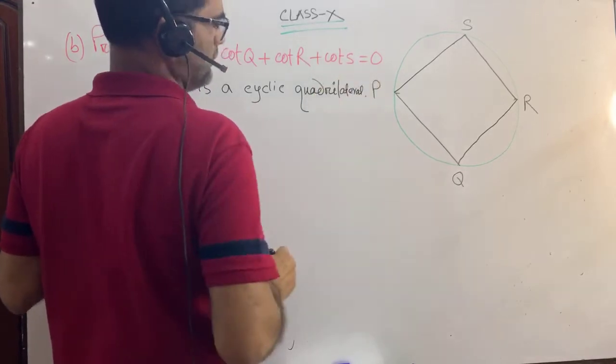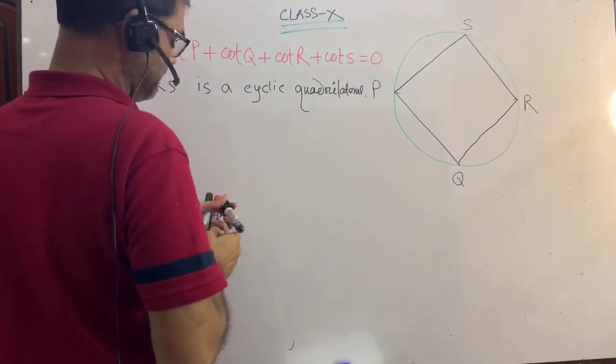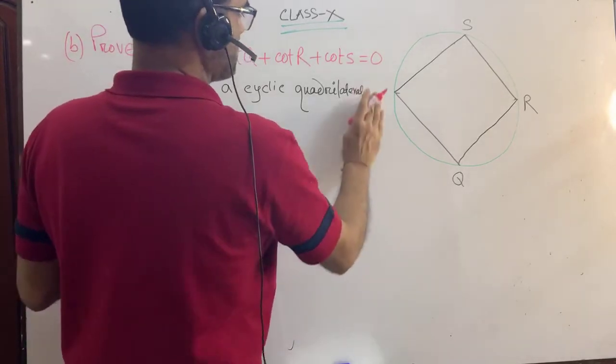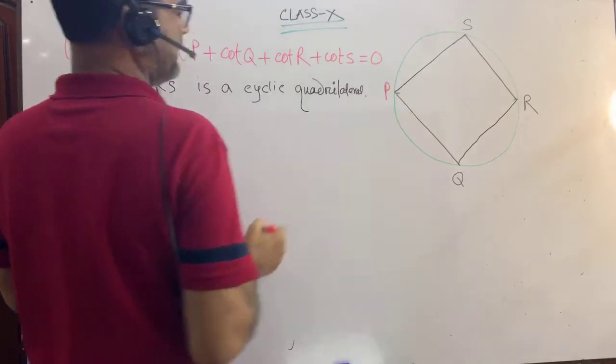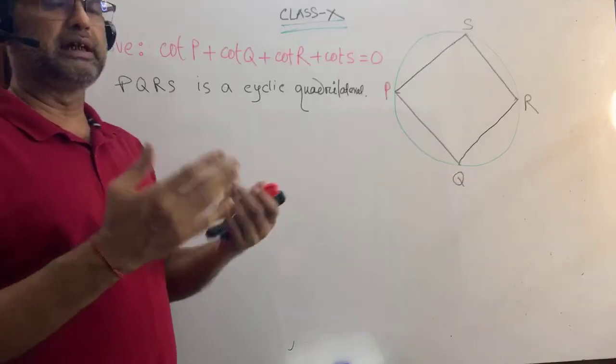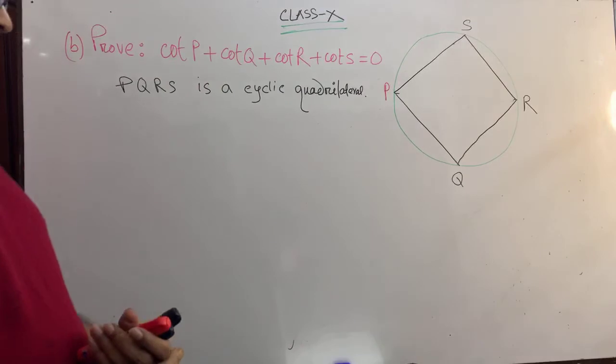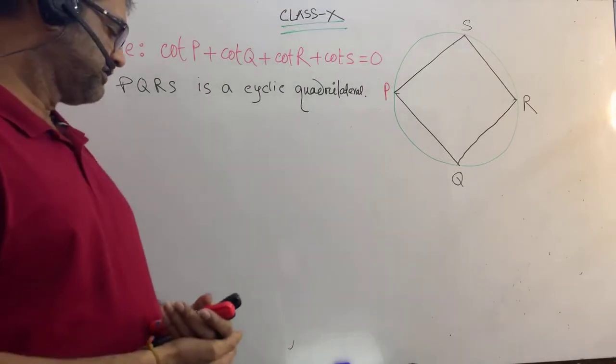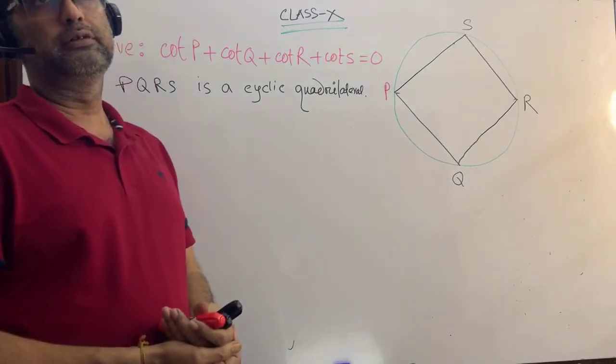We know if a quadrilateral is inscribed in a circle, then the sum of the opposite angles is equal to 2 right angles.